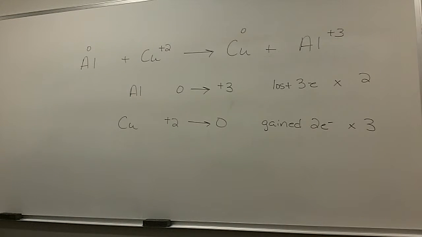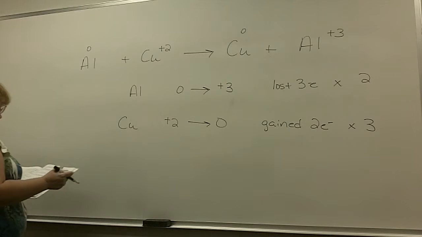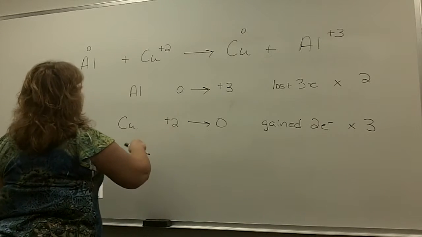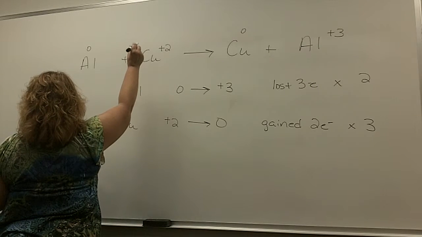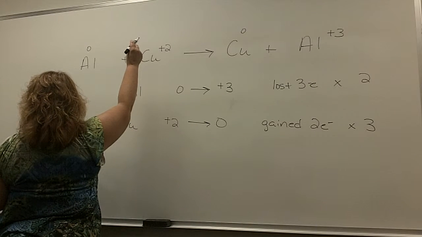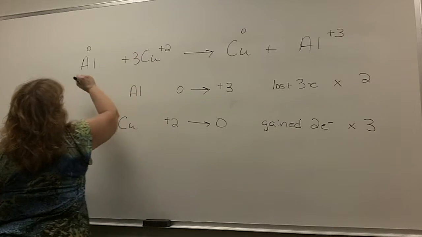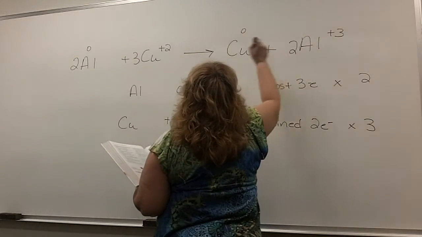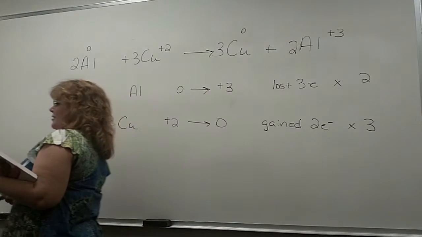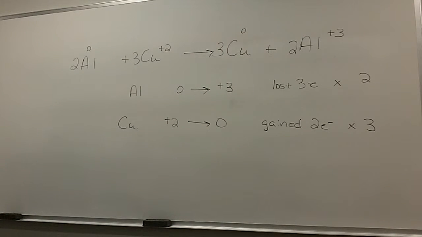So what this says then is, to balance this equation, we're going to have copper by 3. Aluminum by 2. Yet again, kind of a pointless type of balancing equations, but I've got to show you how to do it.